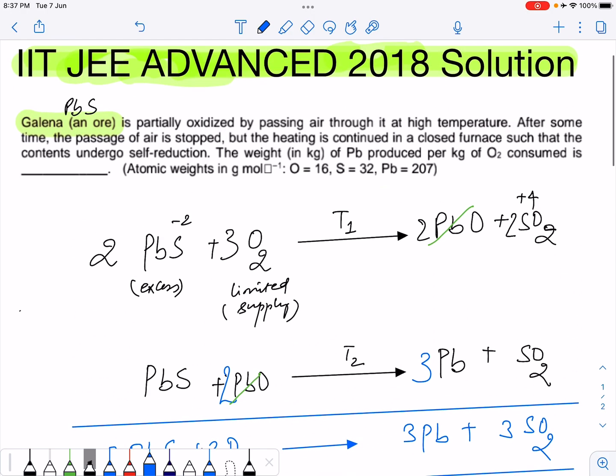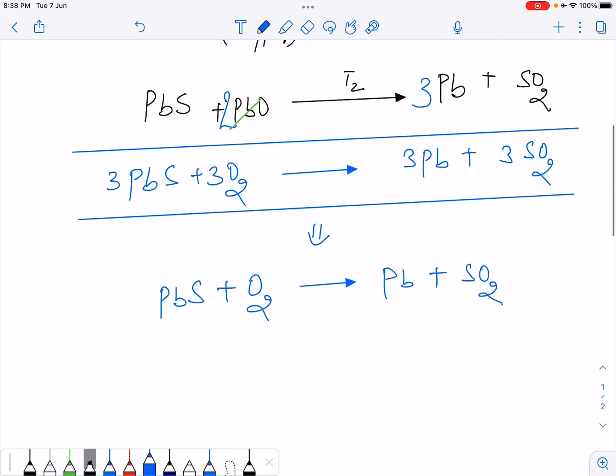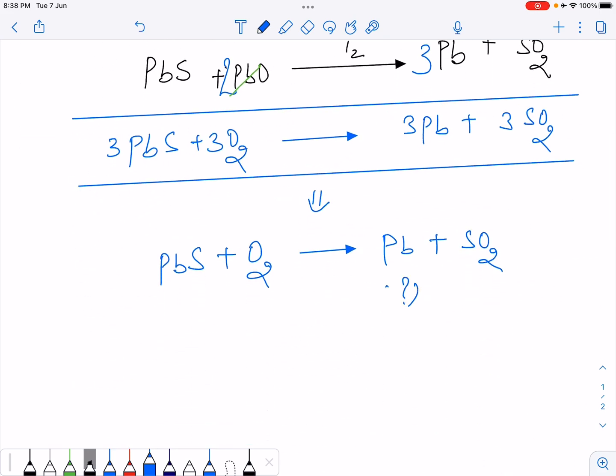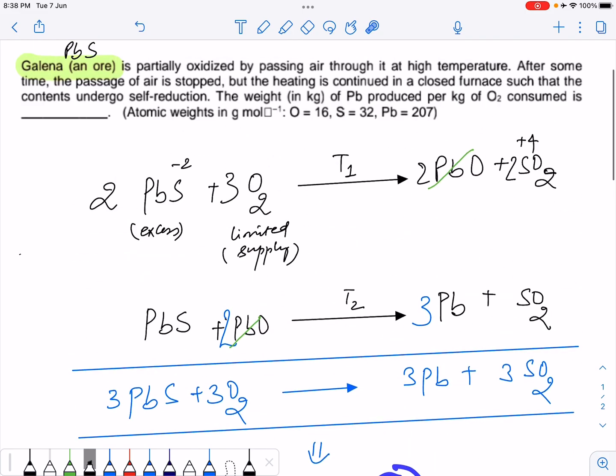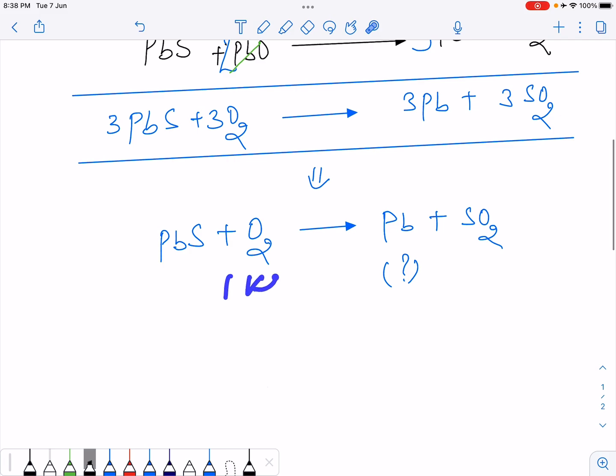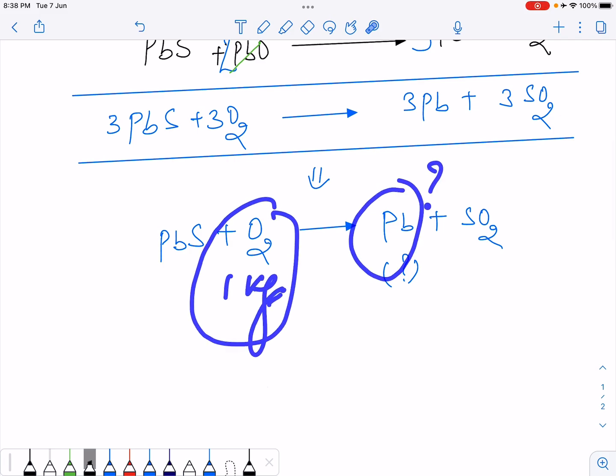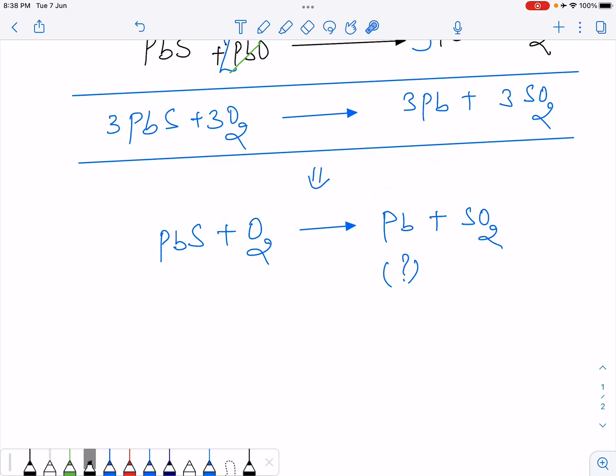Now the question being asked is the weight of lead produced per kg of O2 consumed, that is for 1 kg of oxygen, what amount of lead you can expect. Let's apply the mole concept. Our target variables are oxygen and lead, so we will focus only on these.